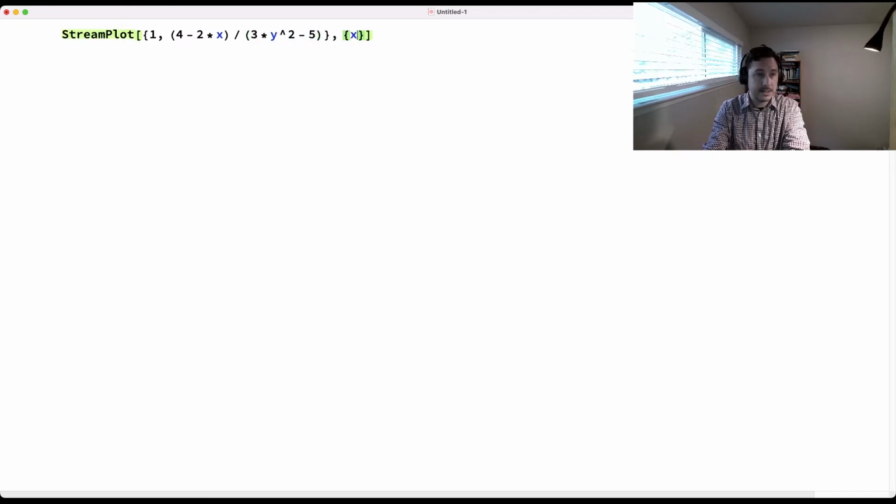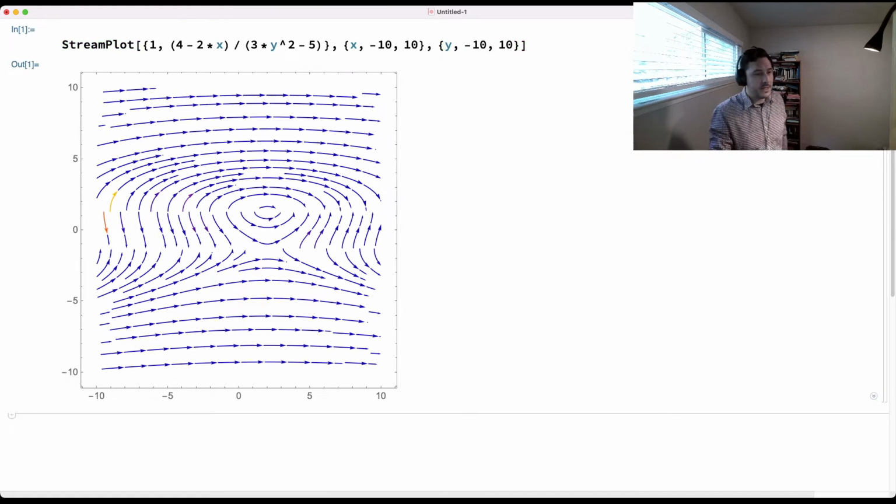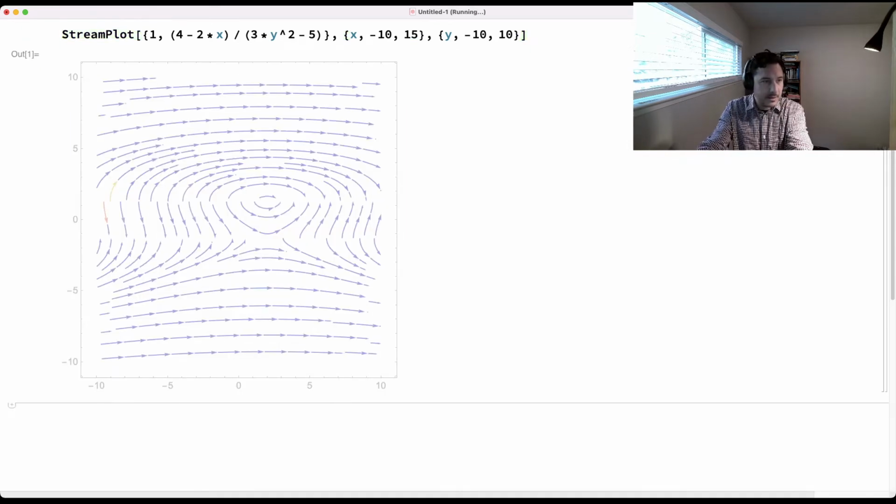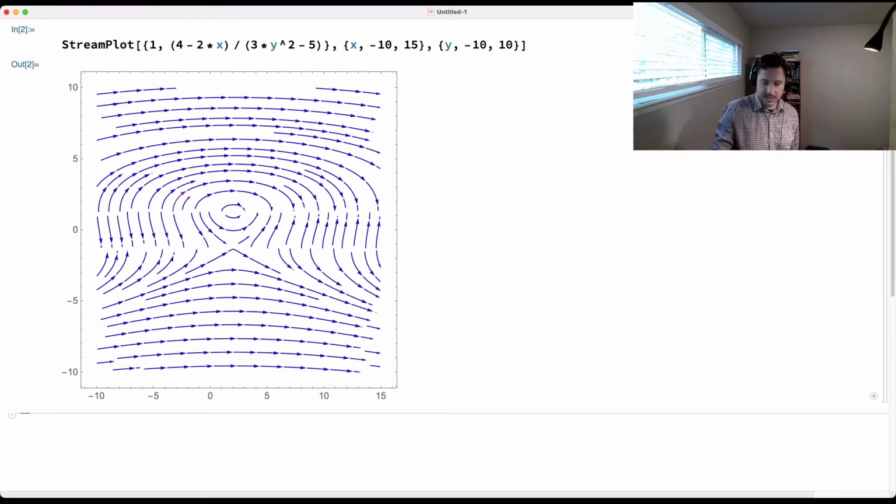Let's have our x values go from negative 10 to 10. Let's have our y values also go from negative 10 to 10. Okay, so you get this weird swirly plot. We're going to center this. Let's have our x go a little further over 15. There we go. So now it's a little more centered.